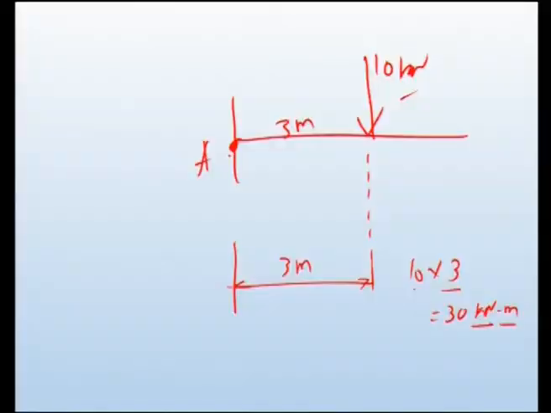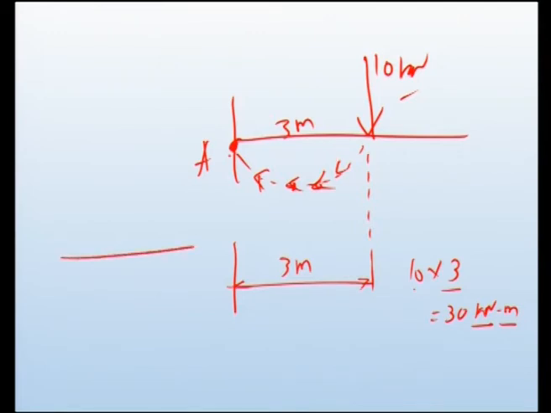We should also see the nature of the moment produced by the load. If I connect the arrows like this, it is very clear that the load produces a clockwise moment about this point A.